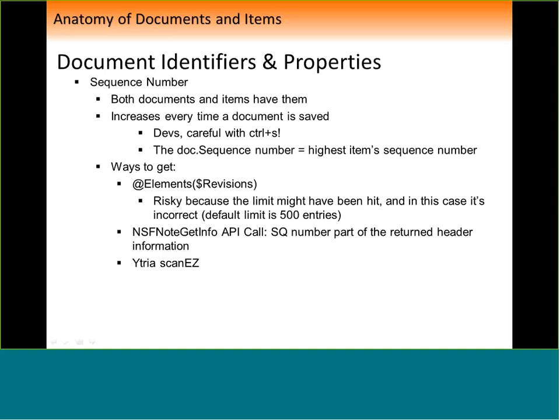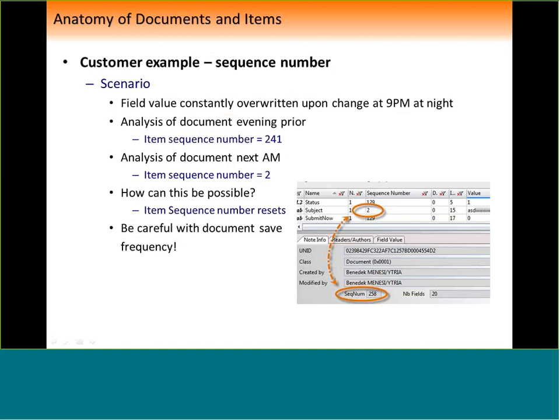So if you save the document more than that, it's not going to actually give you the sequence number. You can also use the NSFNoteGetInfo API call to gather the sequence number from the returned header info, or you can use ScanEZ or I believe maybe even NoteSpeak to gather this information. Now, oh, there is a great scenario.